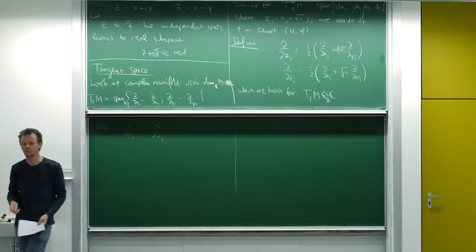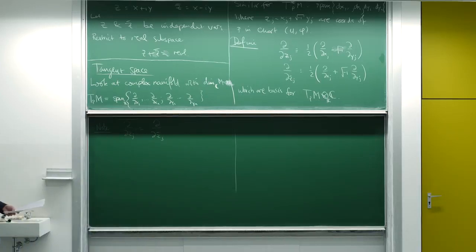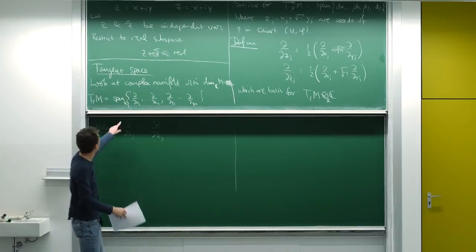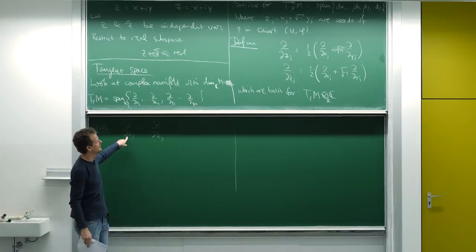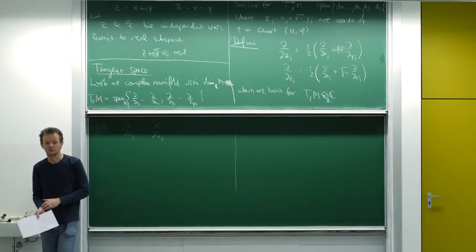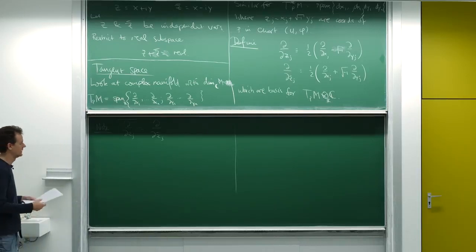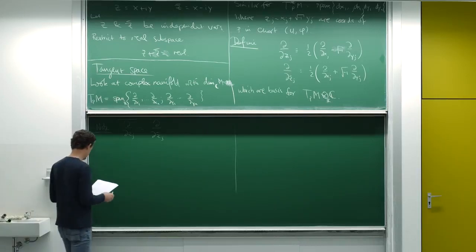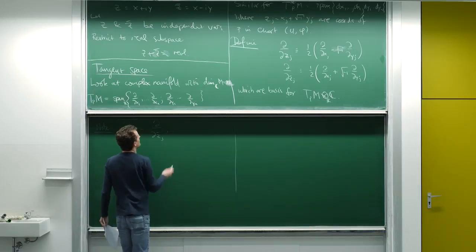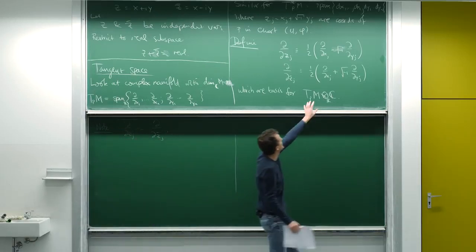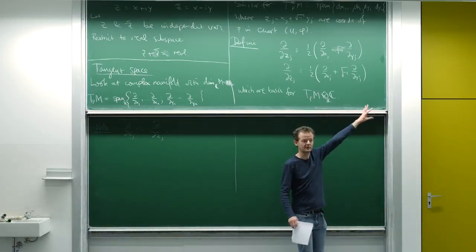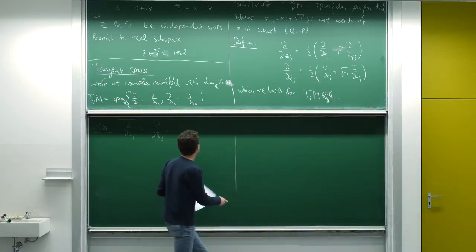We note something, right? The complex conjugation operation, the standard one, has a nice effect on this basis vector here. It simply turns it into the corresponding basis vector d/dz bar. Now we have a complex vector space here. We also have its dual complex vector space. We just complexify that as well.